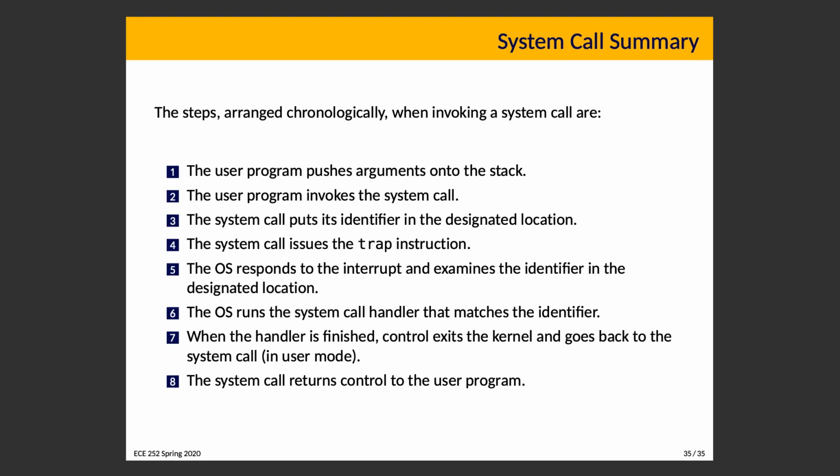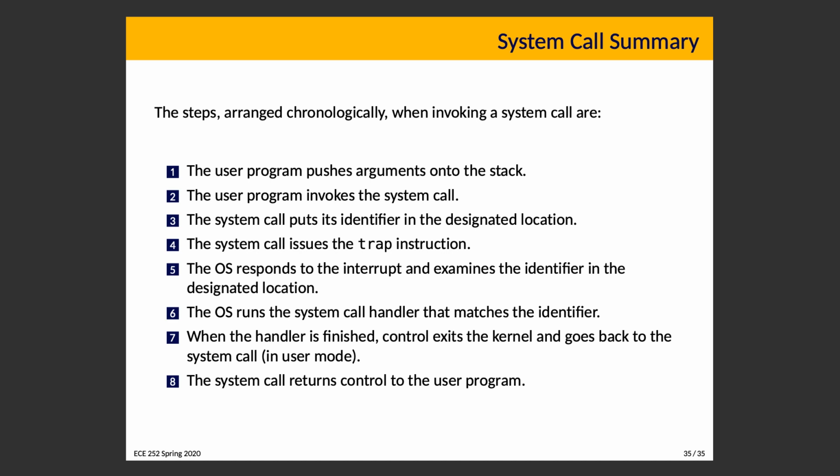Okay, so to recap what happens with a system call, and this happens in that program every time we open, read, printf, free, malloc, any of those things. User program pushes arguments onto the stack. User program invokes a system call. The system call puts its identifier in the designated location. The system call implementation issues that trap instruction.